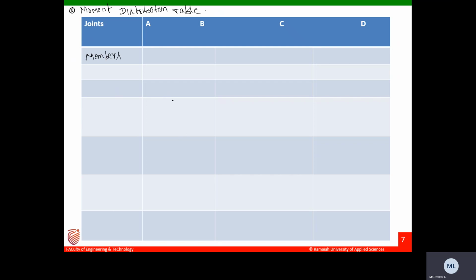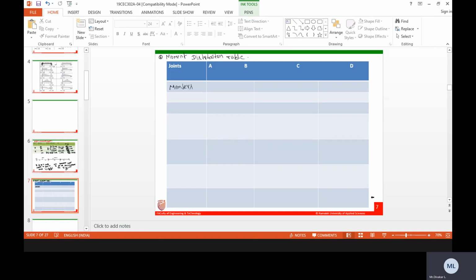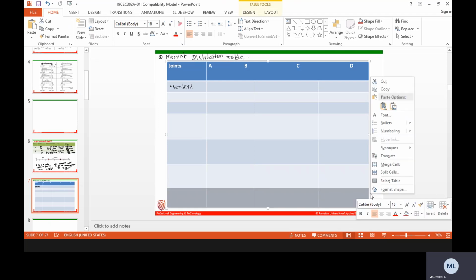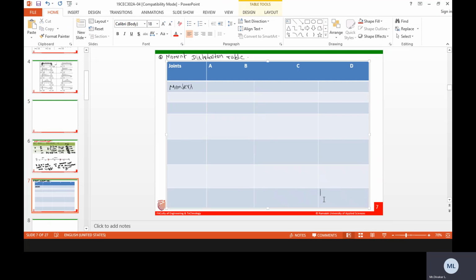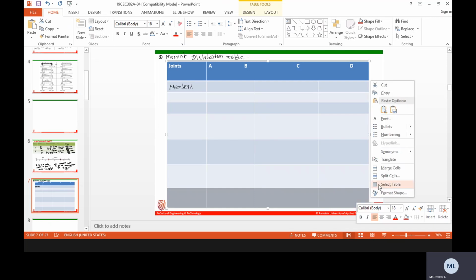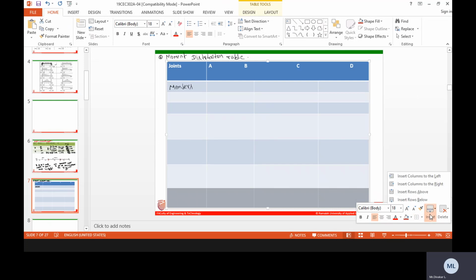You can add another column here, and insert a row below.